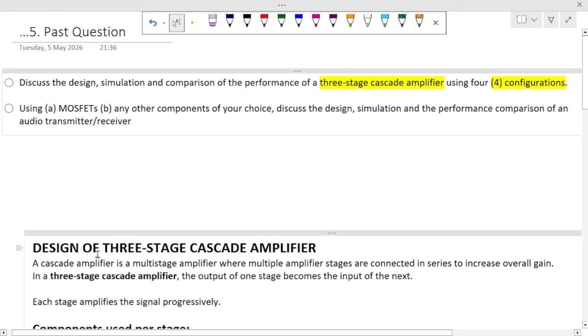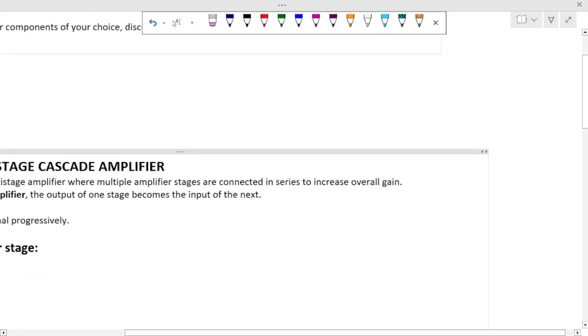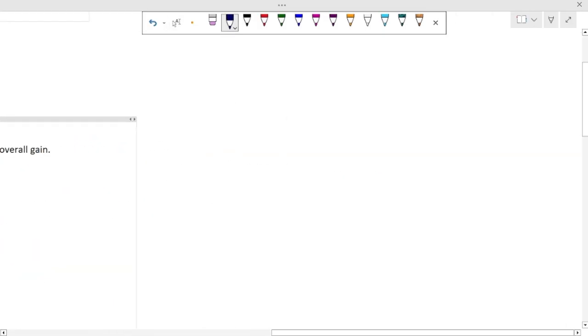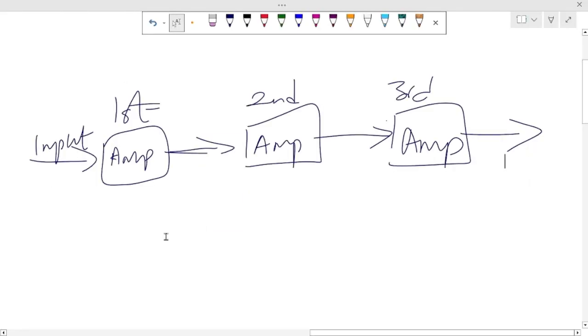So first thing to understand, when we say three-stage cascade amplifier, it is a multi-stage amplifier where multiple amplifier stages are connected in series to increase overall gain. So that means you have something like this: you have one amplifier here, and this is a three-stage cascade.